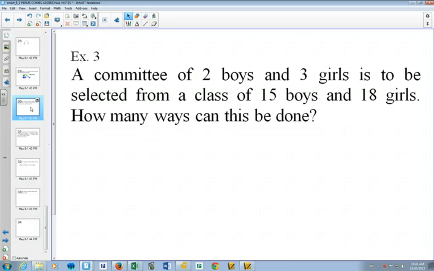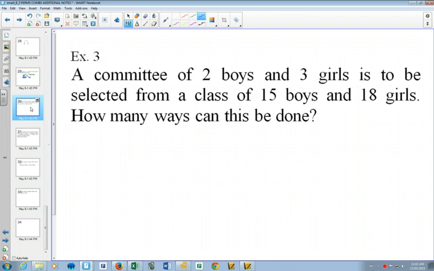So another typical combinations question is a committee question. Because a committee, the order doesn't matter. If you're on the committee. Now, sometimes you'll get these questions. 2 boys and 3 girls are to be selected from a class of 15 boys and 18 girls. How many ways can this be done?